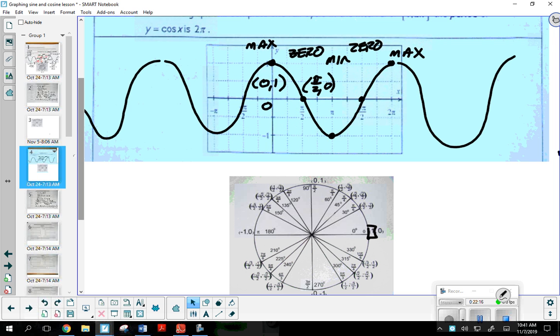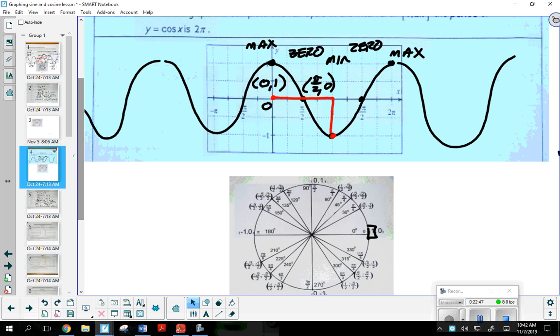Andrew, what's the minimum we have? Okay. So all we're doing, think about it as like an XY ordered pair. So I want to get from the origin, this point right here, and I want to get to this point. I want to know its coordinates. Now, this time, the input is radian measures, while the output is going to be the ratio of the sides of a triangle. So I'm going to start here. How far right, then down did I have to go?